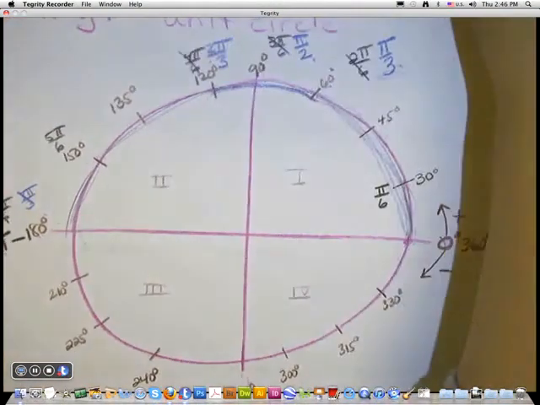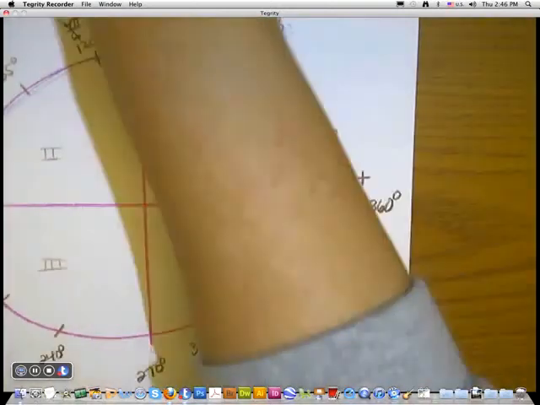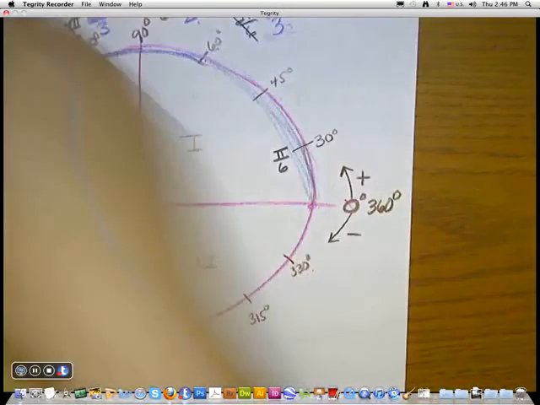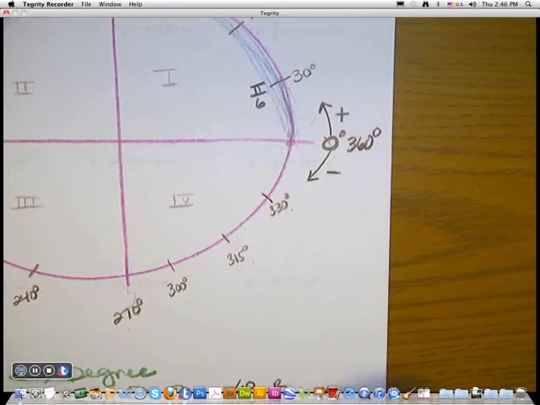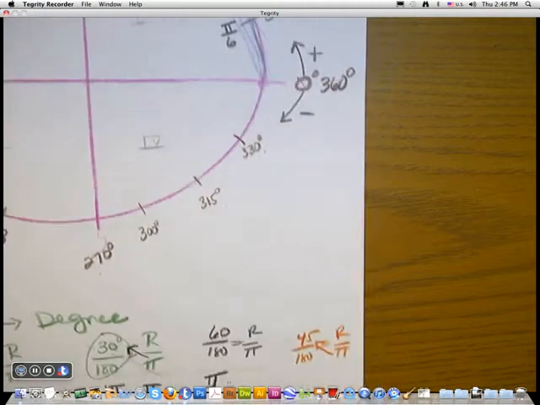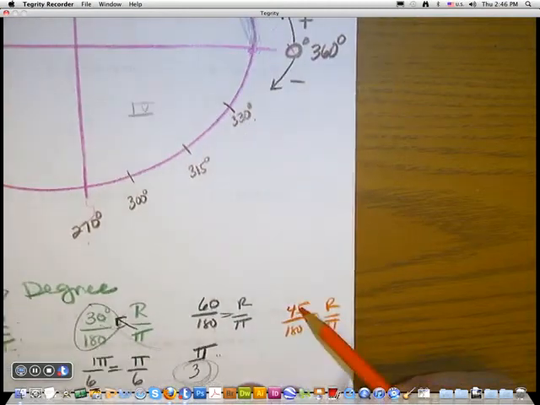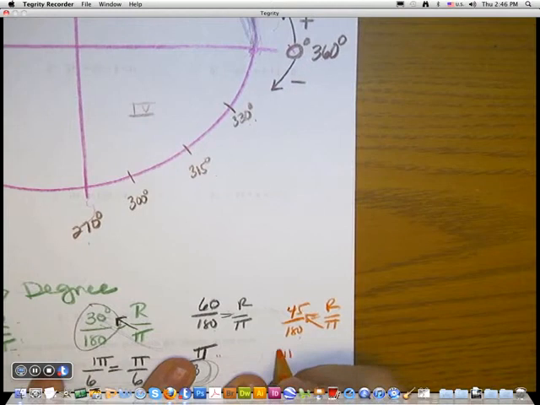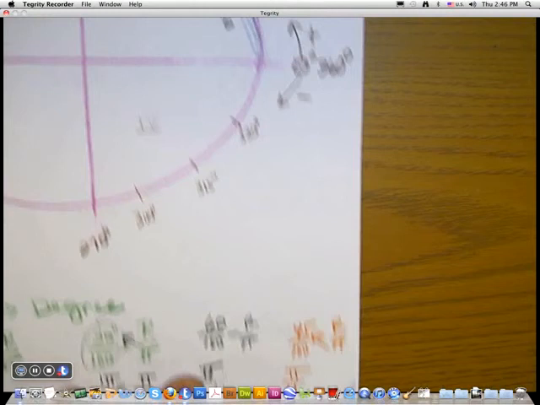Now let's go to the 45s. On the 45s, we have 45 over 180. Again, we're kicking over the pi. But 45 over 180 becomes pi over 4.